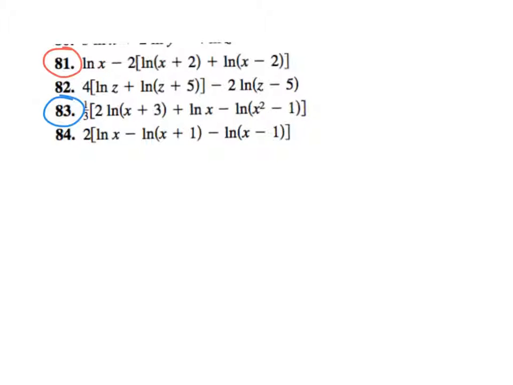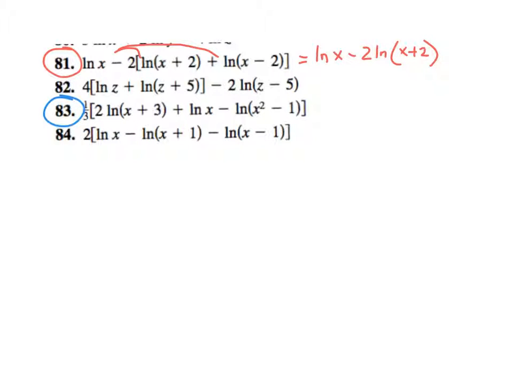Now one thing I'm going to stress with this problem is I'm going to distribute the -2 to each of these. So I would rewrite that as ln of x minus 2 ln of x plus 2.